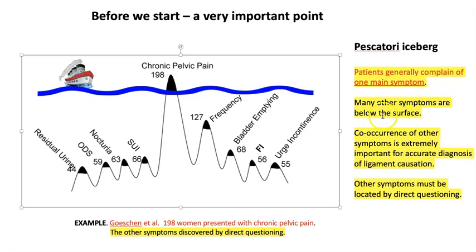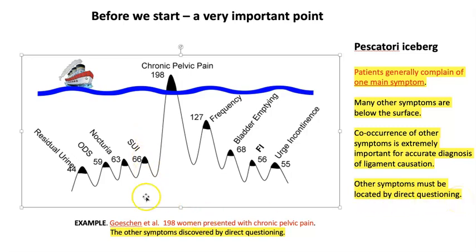Many other symptoms are below the surface. So this is called the Pescatori Iceberg. Co-occurrence of other symptoms, down here, is extremely important for accurate diagnosis of ligament causation. And these other symptoms must be located by direct questioning.